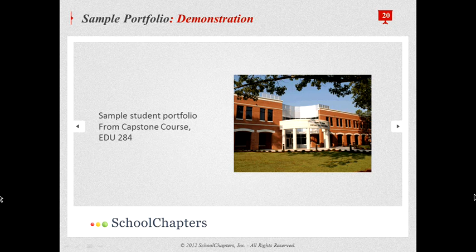What I'd like to do now is I have a portfolio from a student that was done this past spring semester. And I'd like to show you parts of it so you can see what happens. They enter all the required assignments, journals, lesson plans, reflections, whatever we've required based on the standards.